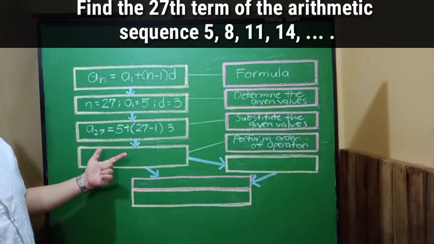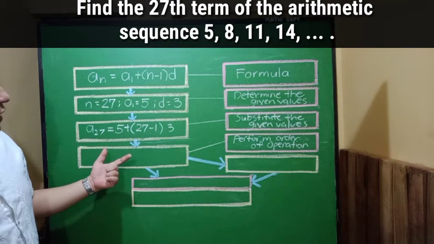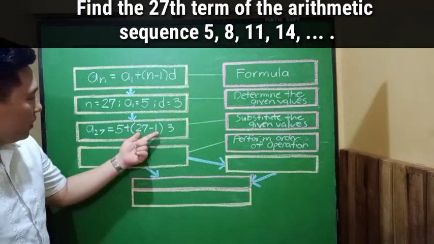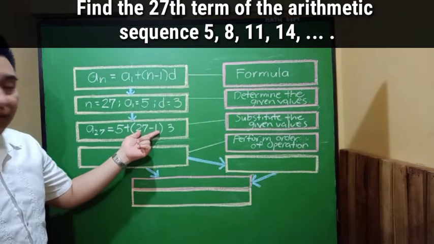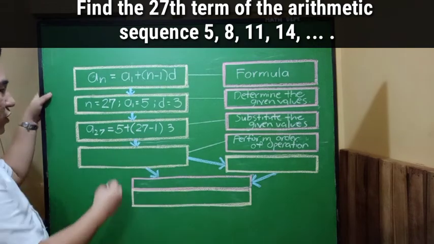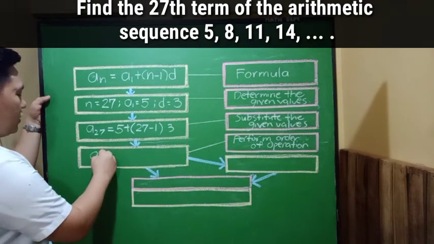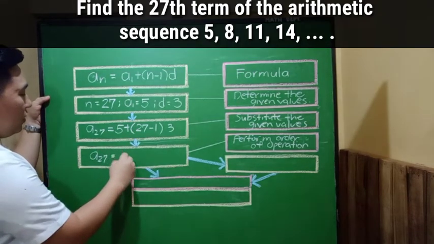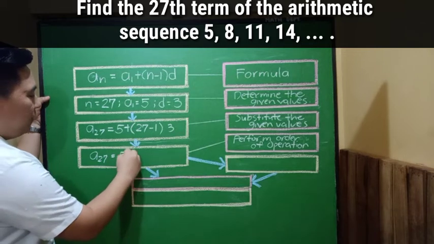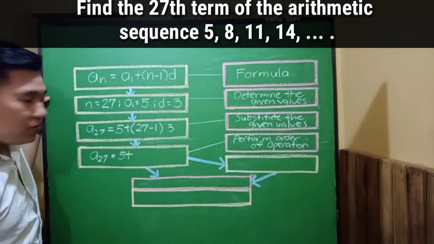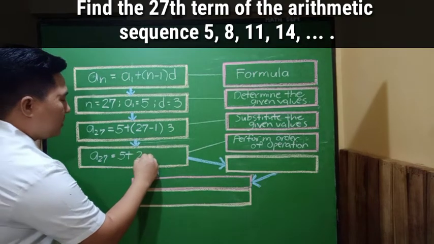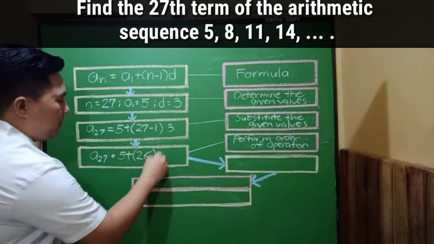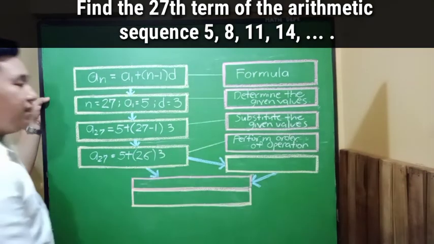Here, we will be evaluating first the terms in the parentheses. So 27 minus 1. So we have a sub 27 is equal to 5 plus 27 minus 1, which is 26, still in the parentheses, times 3.